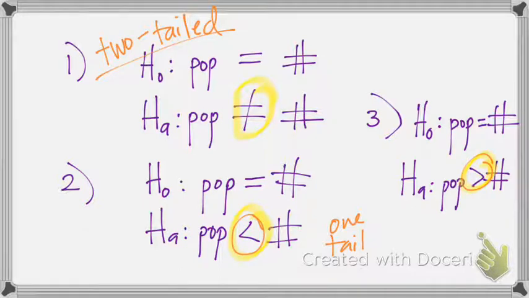So we're going to go through, on the next page, hypotheses and see if they are correct or not. Some things we're looking for: they have to be a population characteristic. The null hypothesis always has to be equal. So it's equal no matter what. The null is always equal. The alternative is always less than, greater than, or not equal to.